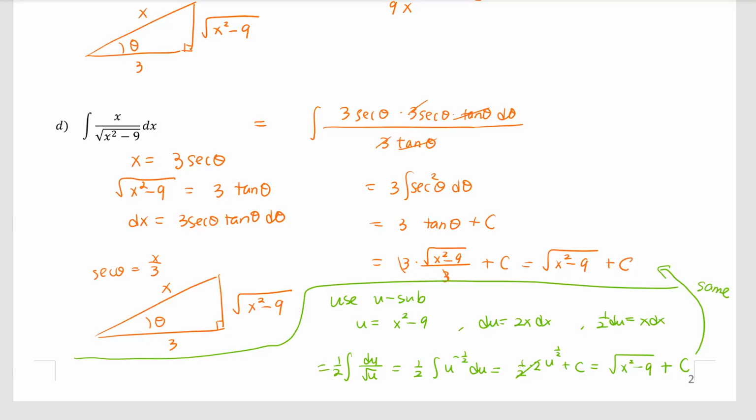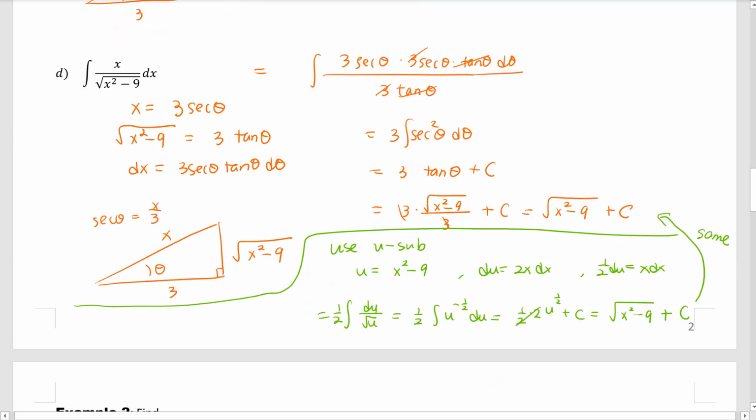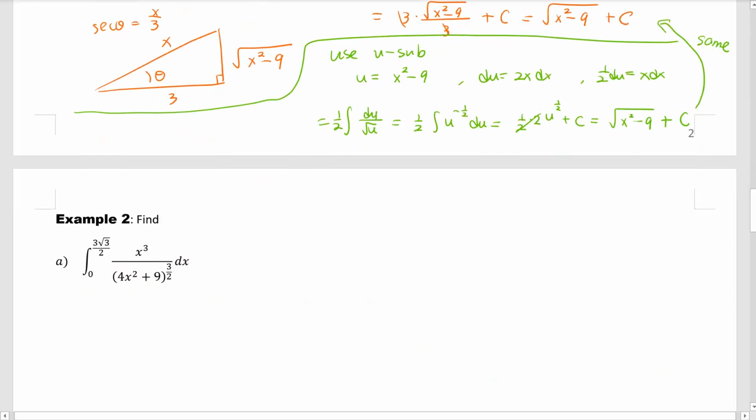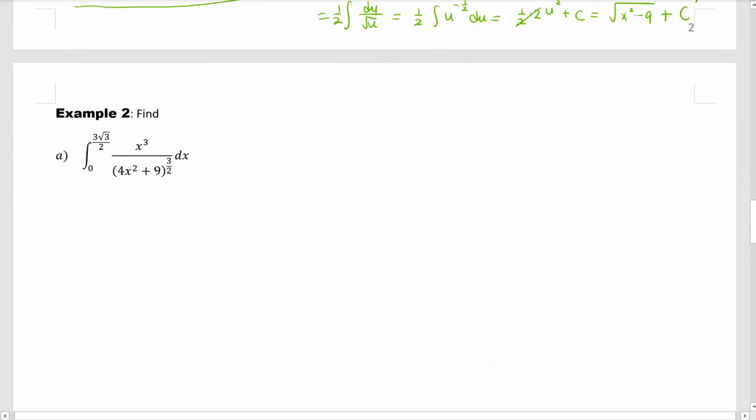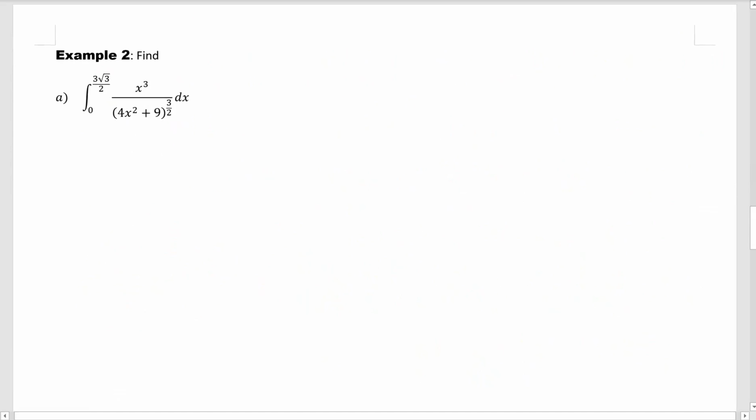So you think, okay, what method can I use? Like this problem, we can use trig substitution, and we can also use u substitution. You realize that, okay, then we should use u substitution because it's easier. So far, so good, everybody. So think more before you continue to actually solve the problem. Think which way is easier.